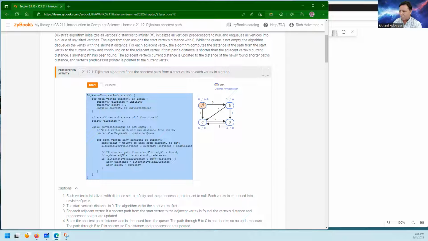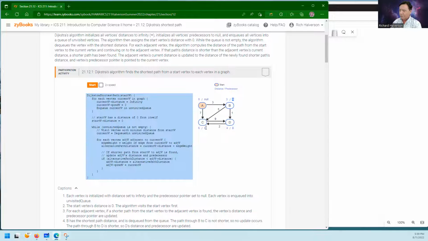It keeps track of two properties for each of the nodes, and it's a number and a node. The number is the distance from the node back to the starting vertex, and the node is the direction to go.